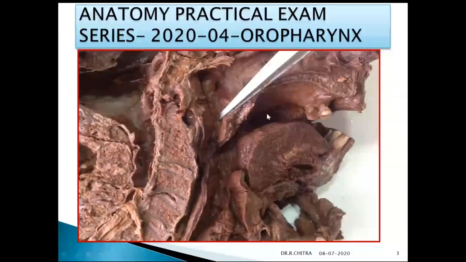Behind is the second and third cervical vertebrae. This oropharynx leads to the laryngopharynx. So this is the nasopharynx, this is the oropharynx, and this is the laryngopharynx.